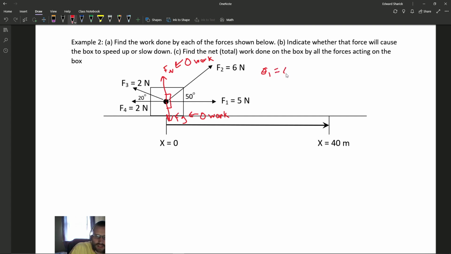Theta 1 is going to be 0 degrees, so there's no angle between force and distance. Theta 2, for force 2, is going to be 50 degrees. Theta 3 is this angle here, which goes all the way around. Now this is a 20-degree angle here.